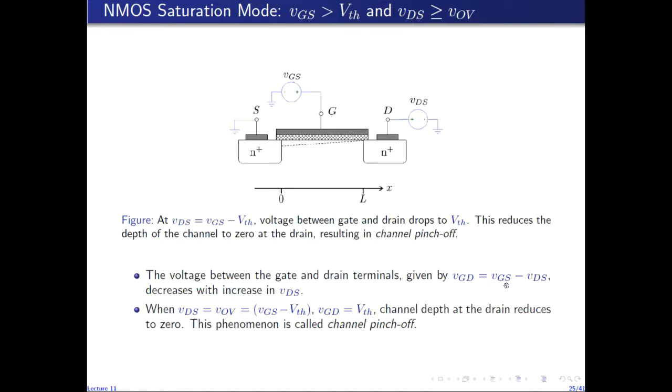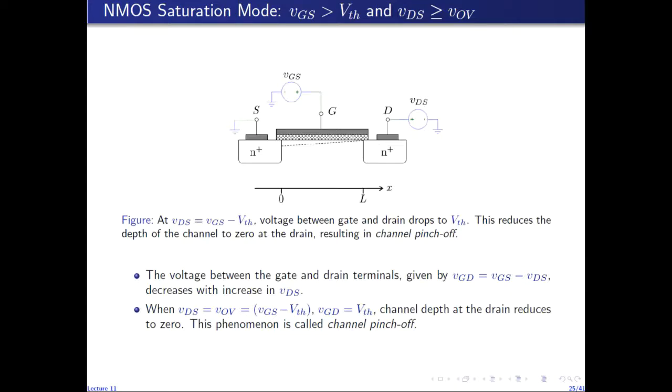And since the voltage between gate and any point along the channel must exceed V threshold for a channel to form at that point in the first place, when VGD drops down to V threshold, then the channel at the drain side ceases to exist. This is called the channel pinch-off phenomenon, meaning that when VDS increases to the overdrive voltage value, VGD drops down to the threshold value, and the channel is pinched off at the drain side.